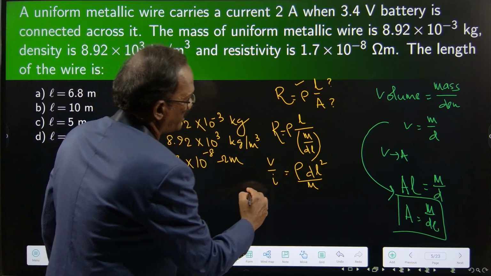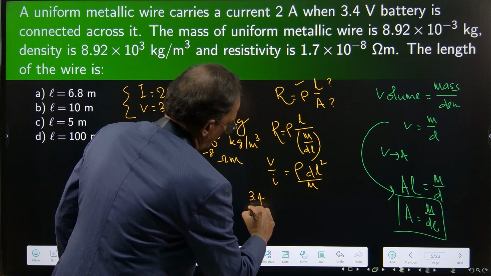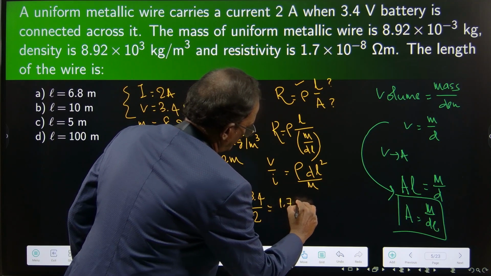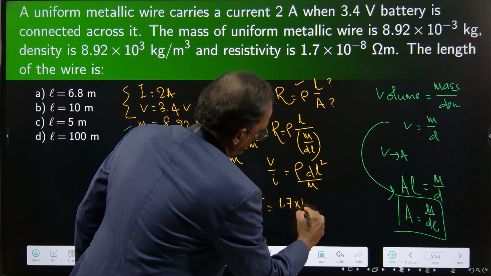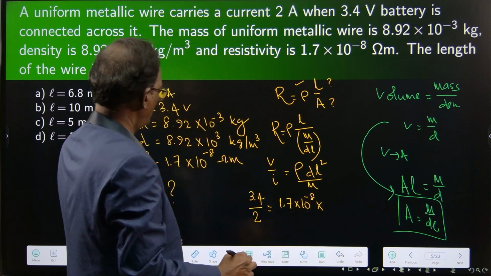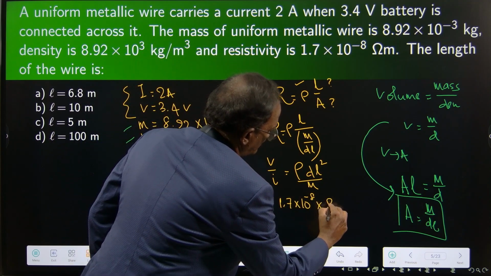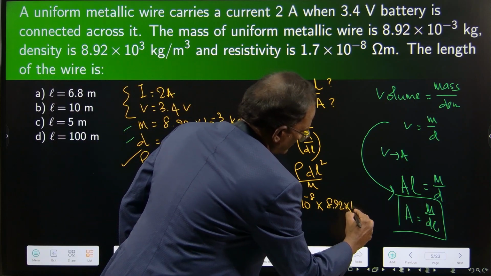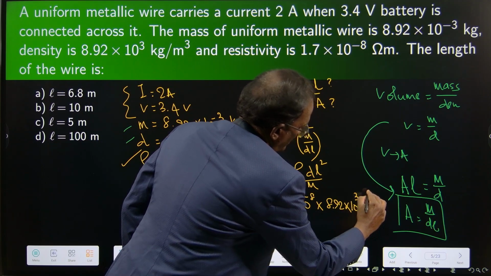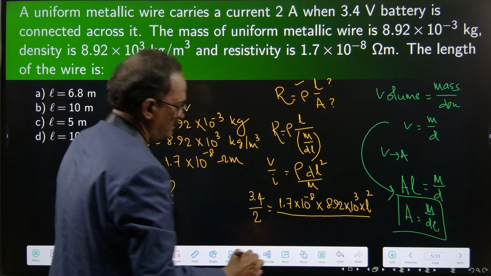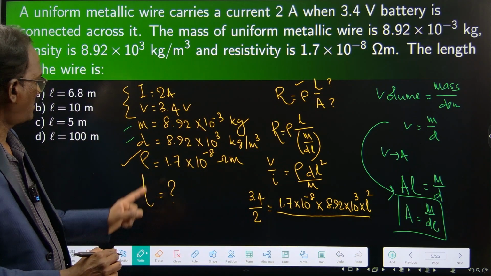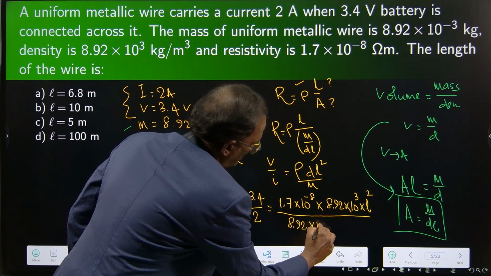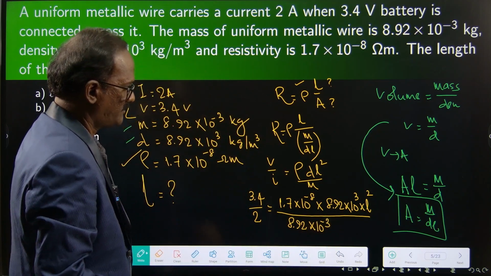So V by I, 3.4 by 2, equals rho value 1.7 into 10 to the power minus 8, density 8.92 into 10 to the power 3, into L square, divided by mass 8.92 into 10 to the power minus 3.